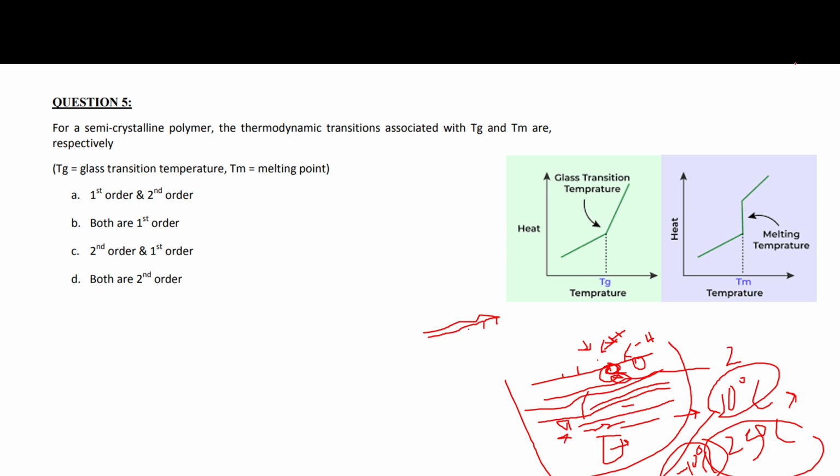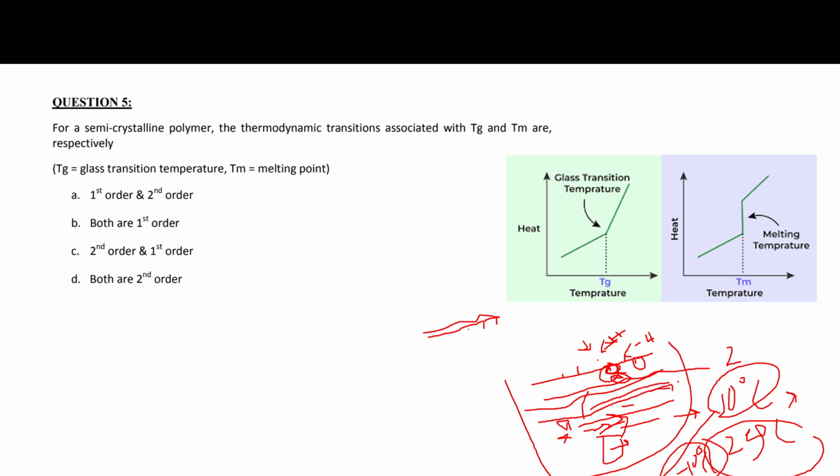So for polymers, the glass transition temperature is very important for your application. Then after that, if you heat the polymer further, the polymer melts.